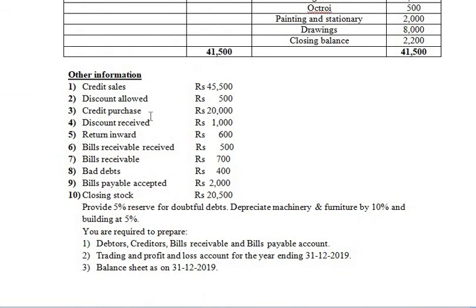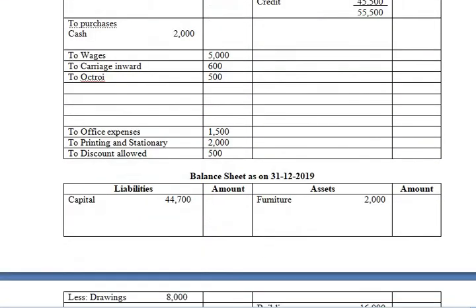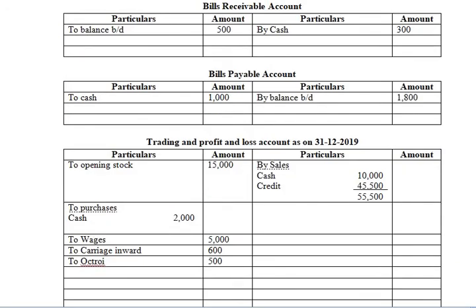After discount allowed, you have credit purchase 20,000. Credit purchase, where will you take it? One entry will be to the trading account and another entry will be to the creditors account. Okay, so trading account, we have written cash purchase, now it will be credit purchase, and how much is the amount? 20,000. So write down here as 20,000.